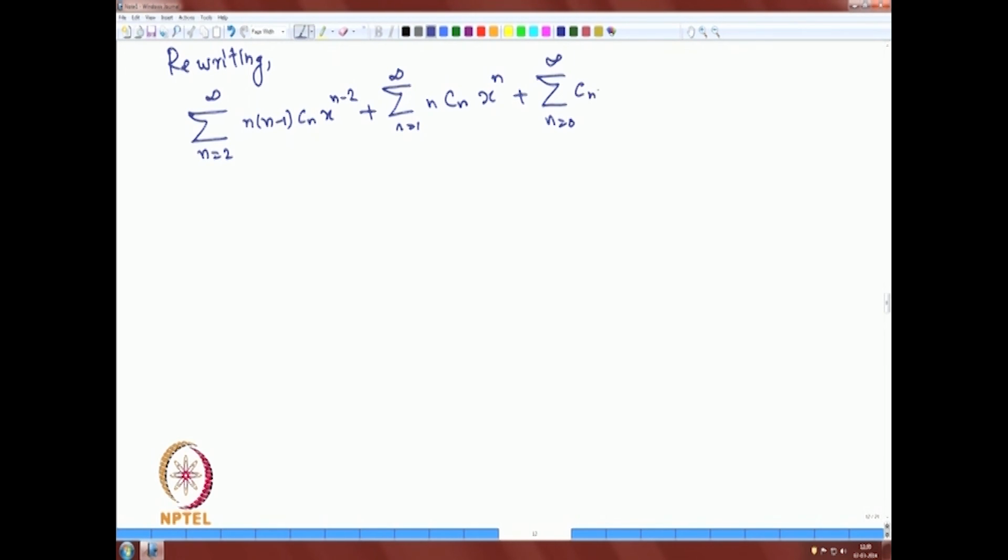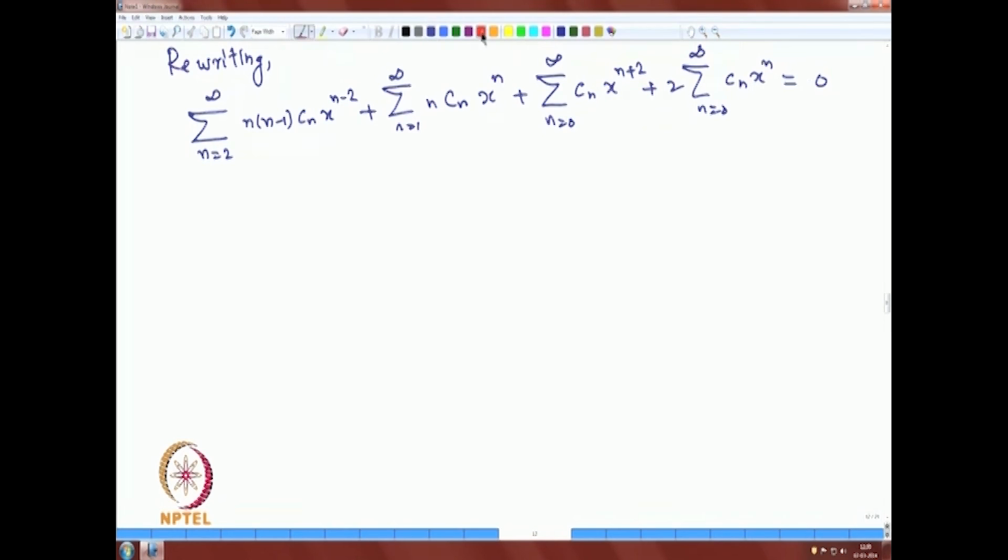So, that results in Cn into x to the power n plus 2 when multiplied by x square, plus 2 times summation n goes from 0 to infinity Cn x to the power n is equal to 0.